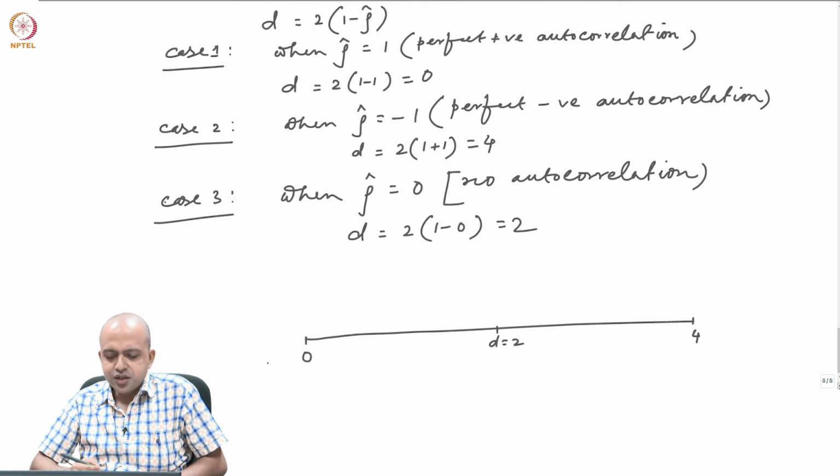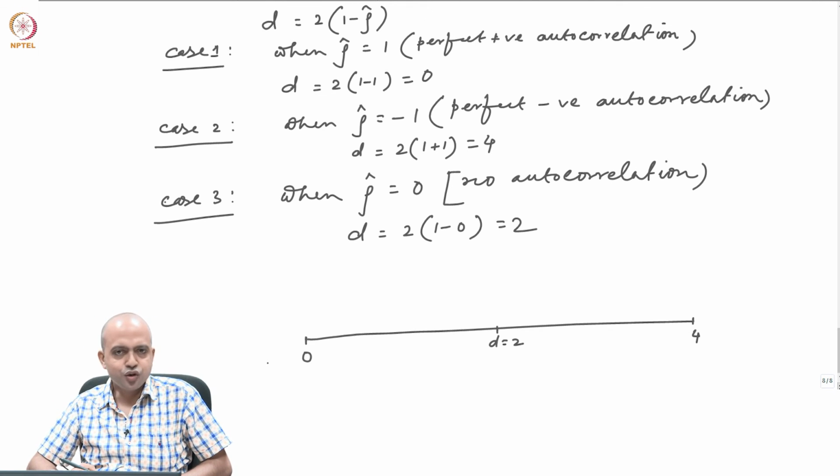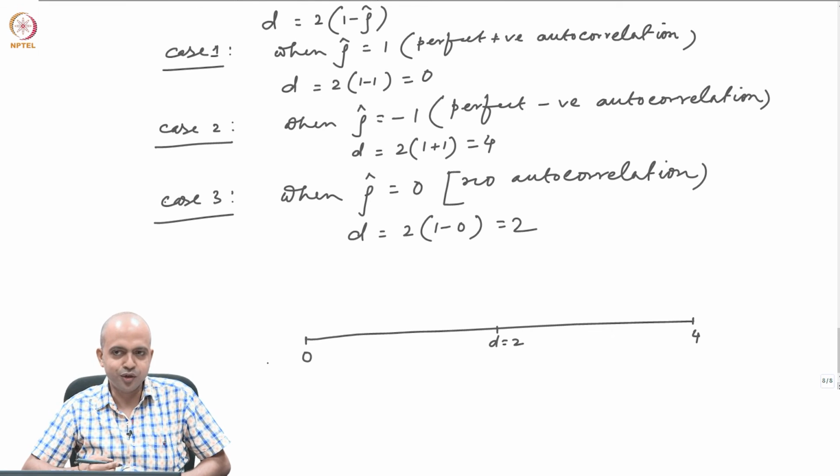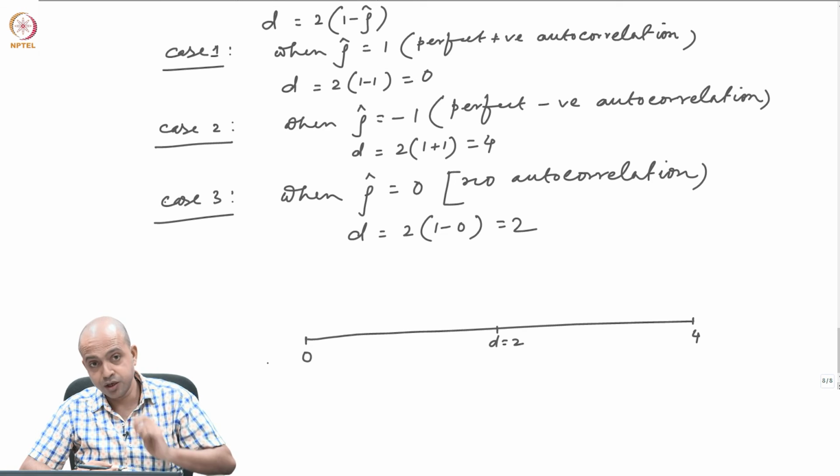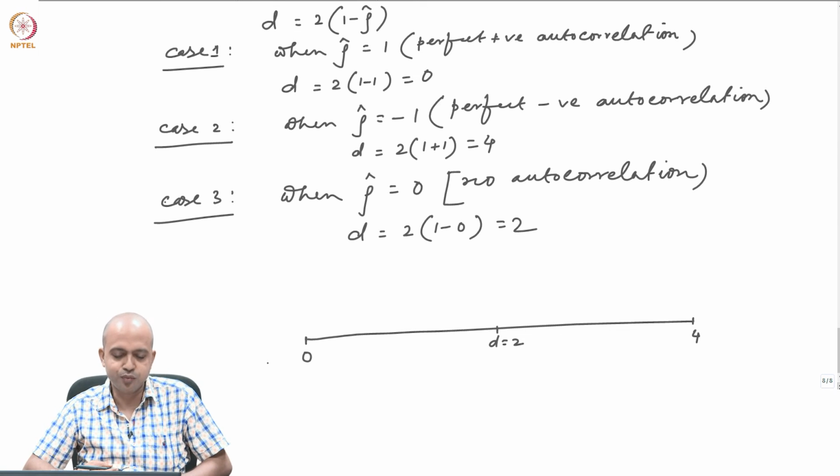This Durbin-Watson test statistic D does not follow the known familiar probability distributions like t, chi-square and F. Rather, Durbin and Watson developed a completely different type of table for this test statistic, and that only depends on the total number of observations and the number of explanatory variables that you are including in your model.